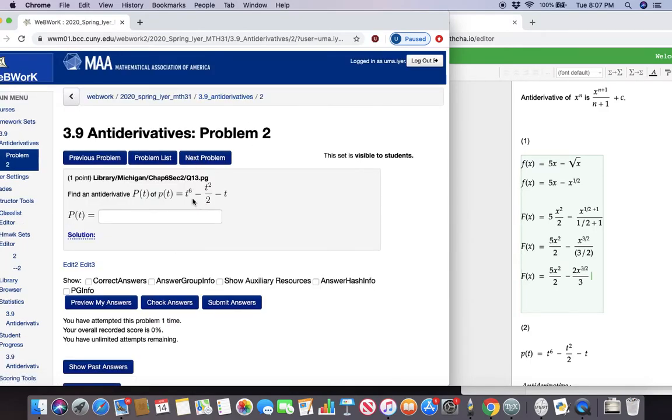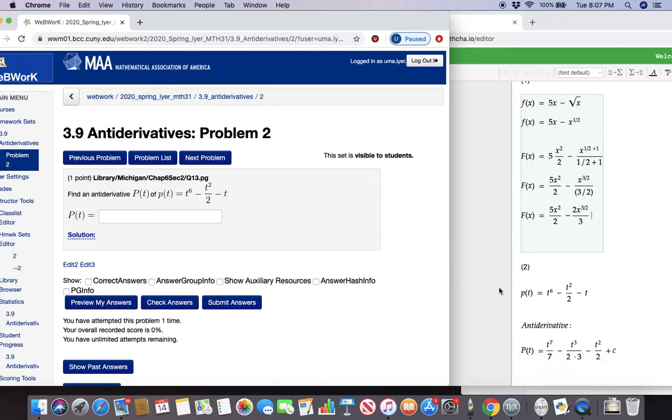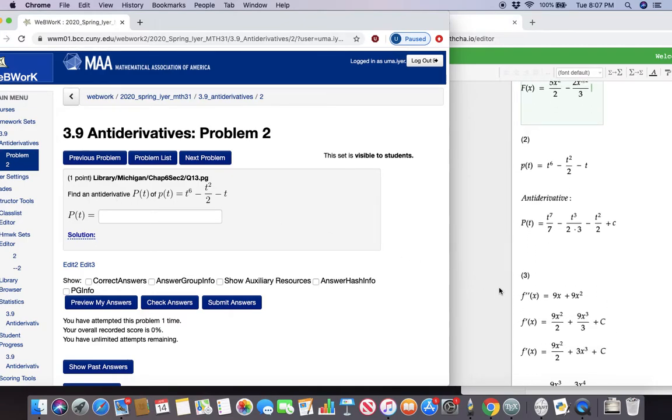Now, t to the power 6 minus t squared over 2 minus t. I want to find the antiderivative. They are saying an antiderivative, which means again I don't need a constant. When I take the antiderivative of t to the power 6, I'm going to increase the power and divide by the new power.